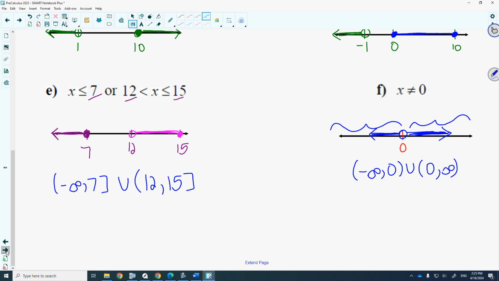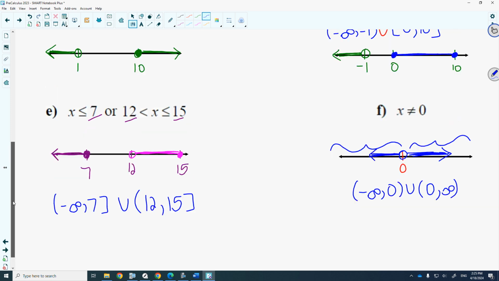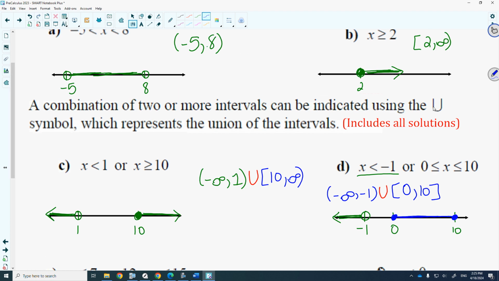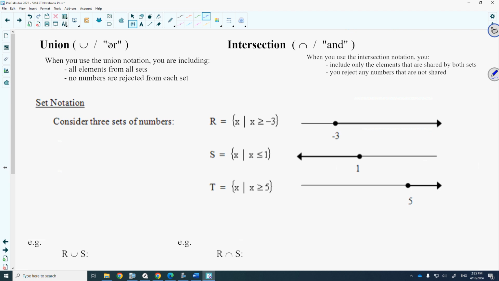Okay, so let's talk about this union symbol. You know how it's saying this or this, but union includes all solutions. So we're going to talk about union versus intersection. This is the union symbol. This is the intersection symbol.